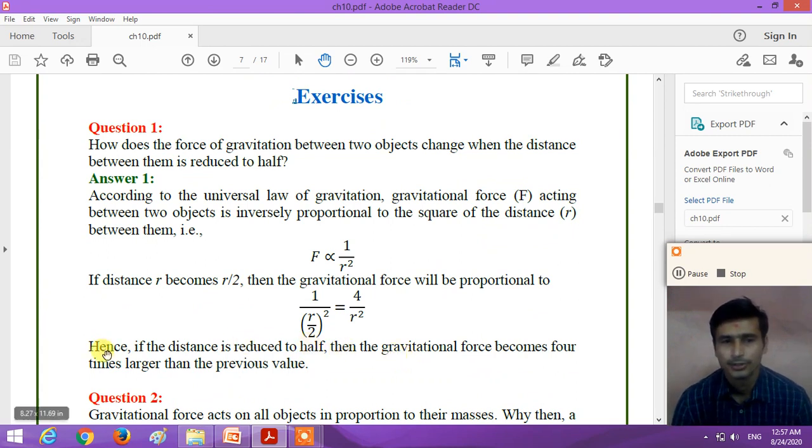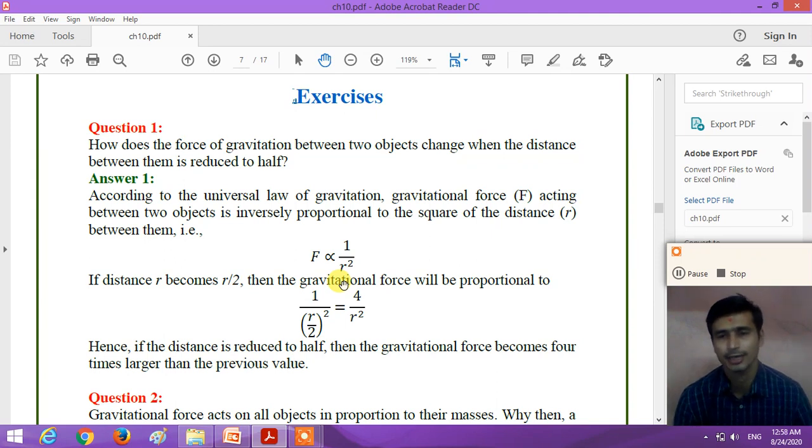So if the distance is reduced to half, the gravitational force becomes 4 times larger than the previous value. Similarly, you can calculate that if the distance between the two objects is doubled, the gravitational force is reduced to one fourth, right?